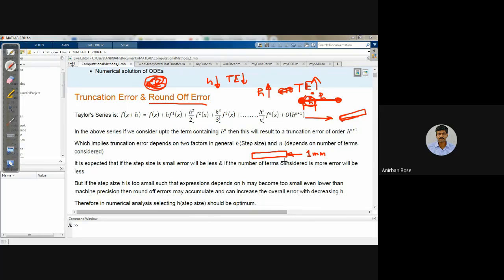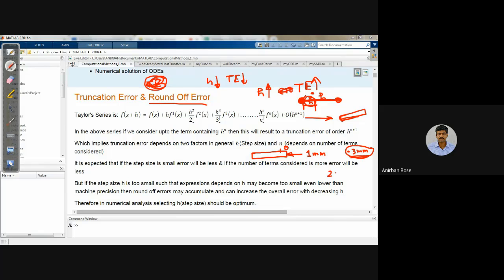That means the minimum length it measures correctly is 1 millimeter. But suppose you have some object of length 0.3 millimeter. There is no 0.3 millimeter graduation in the scale. It only has the 1 millimeter graduations, so that is the least count. If you want to measure 0.3 millimeter, either it will give you 0 or it will give you 1.